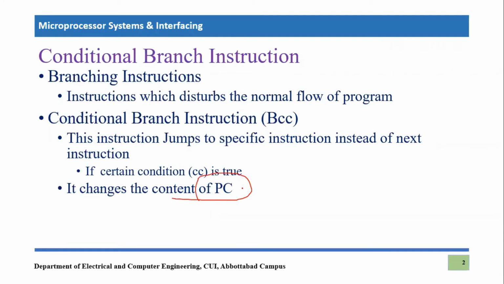For example, if program counter was pointing to the next instruction, which is instruction number 3, and the condition defined in the conditional branch instruction is true, then program counter will change its content. For example, instead of 3, it will now point towards instruction number 100. This is how a conditional branch instruction forces the content of program counter to be modified, and the sequential program flow is disturbed.